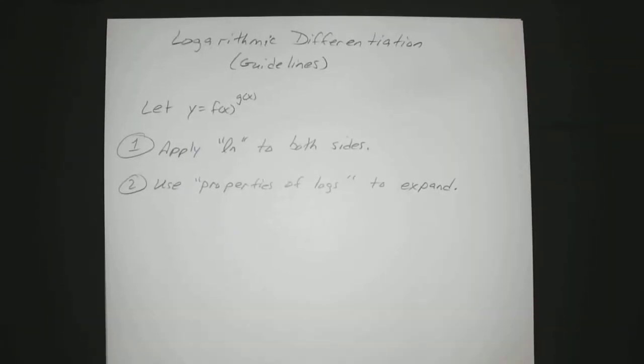And in most cases, that's mainly using the power rule. The power rule for logarithms. I have to make sure I say that, so it's not the same as the power rule for differentiating.